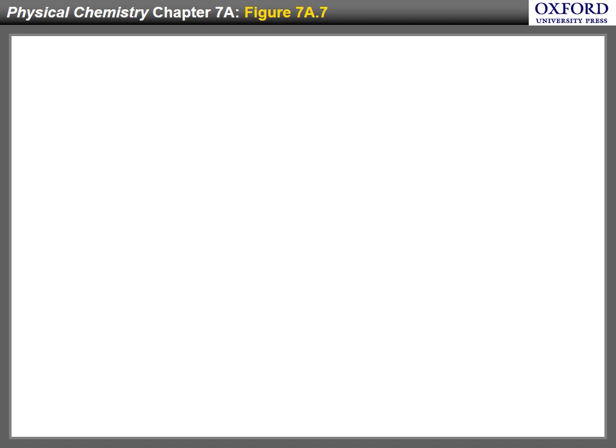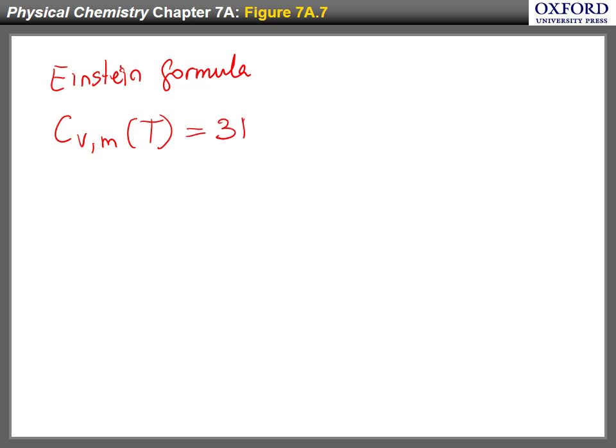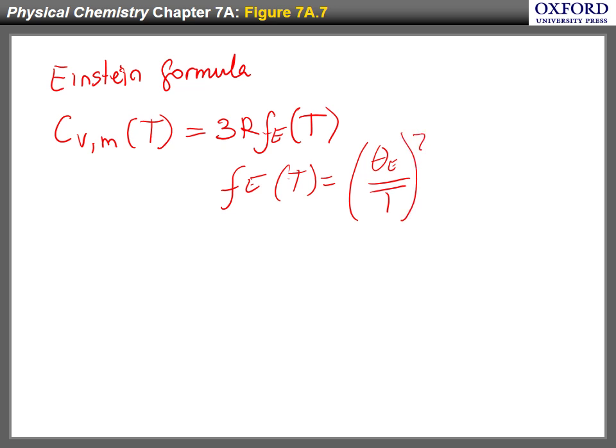So all in all, the take-home equations here are the Einstein formula, which is C_V,m of T equals 3R phi E of T. Now phi E of T in turn equals the ratio of Einstein temperature over actual temperature, squared, multiplied by e to the Einstein temperature divided by 2T, all of it divided by e to the Einstein temperature divided by T, minus 1, squared.